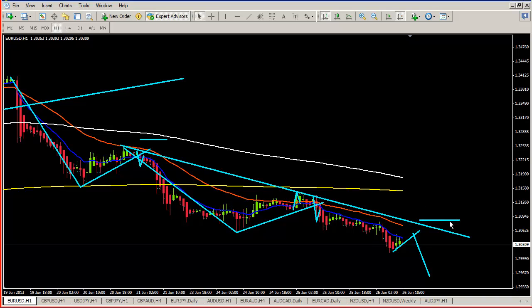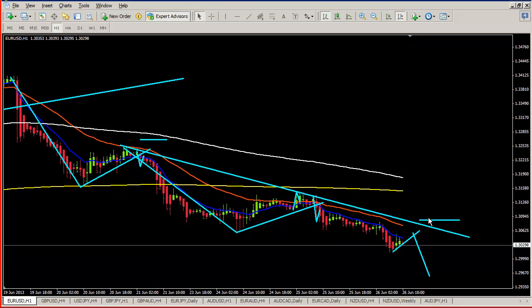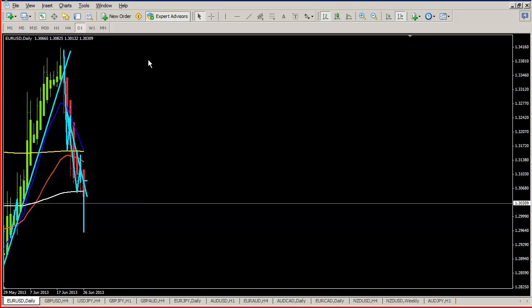Whatever happens now, you still keep the 2 lots, at least the 1 lot. Yeah, in case you don't move your stop, but if you trail your stop to break even over the trend line, of course, even if the price comes back, hits the stop, you keep the 60 and 30 pips. Yeah, and if the price really moves lower, you have to look for your longer term targets.